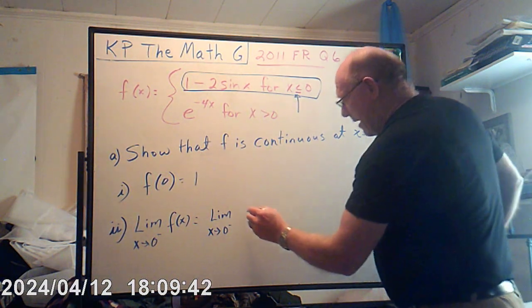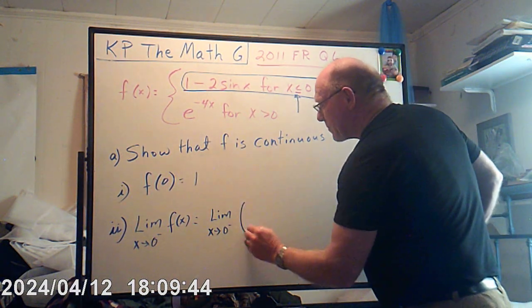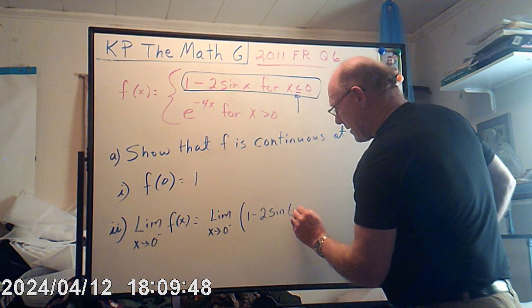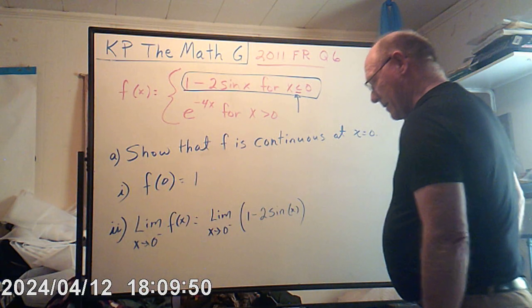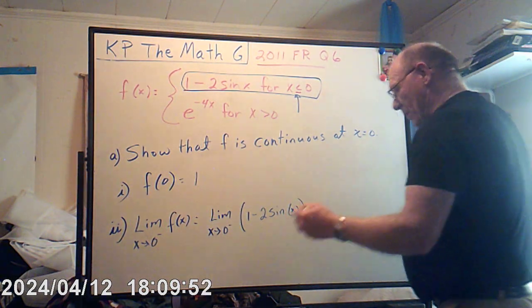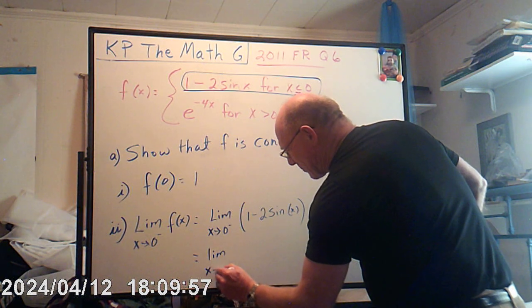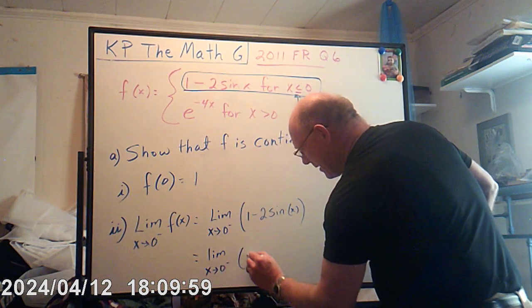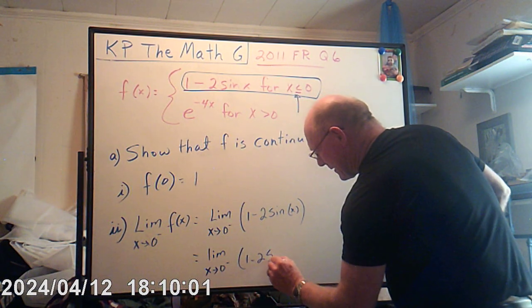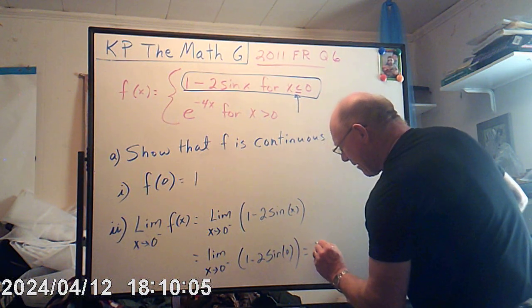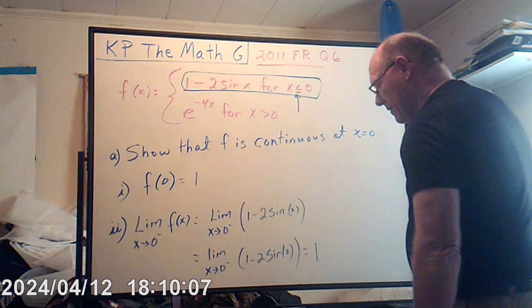Alright, so now f at x, which is 1 minus 2 sine of x. And then if you want to do this, the limit as x approaches 0 from the left, 1 minus 2 sine of 0 is equal to 1.